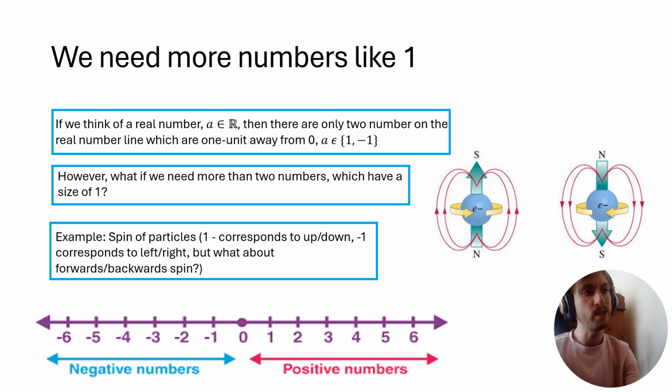So if we've got an electron, then this electron is free to move about three-dimensional space. So there are three axes this spin arrow, if you like, can point along.